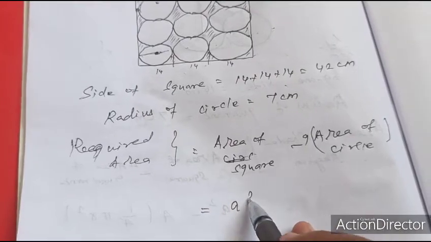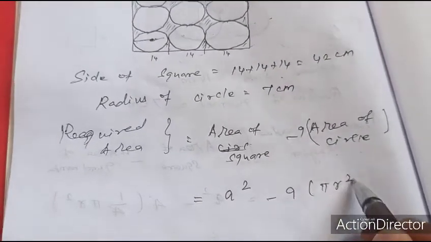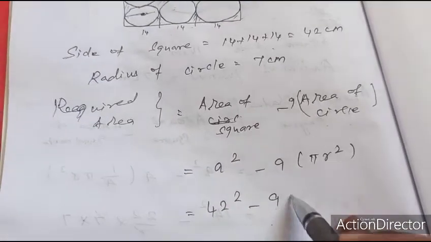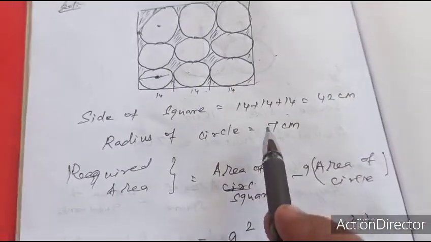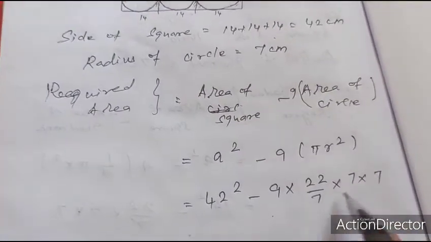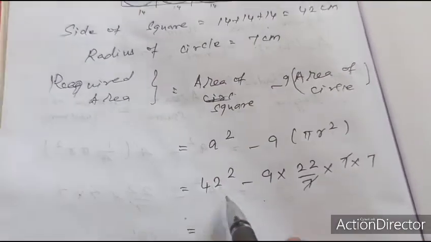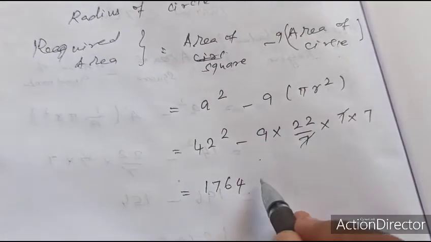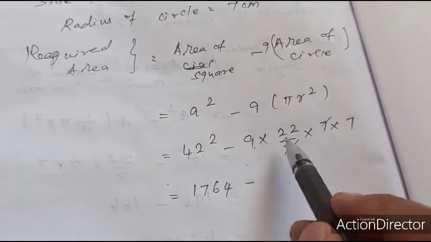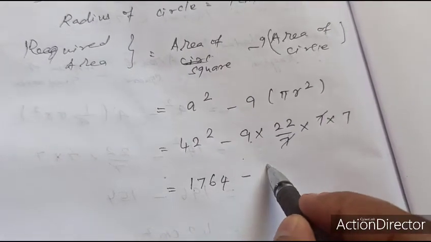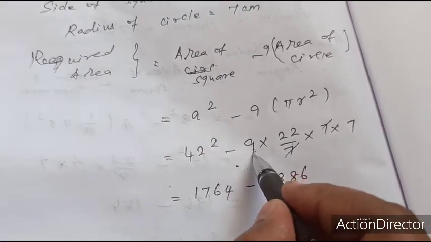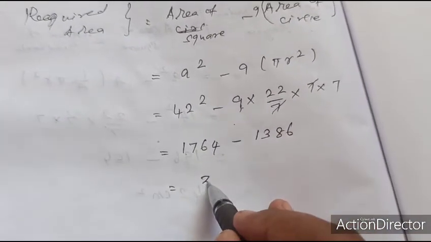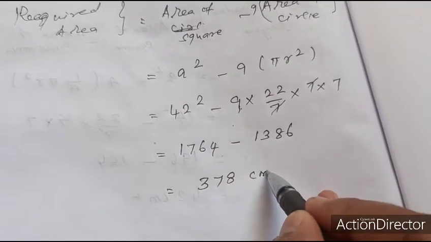Area of the square, a square, minus 9 into pi r square. a is 42, therefore 42 square minus 9 into 22 by 7, radius 7 into 7. 7 is cancelled. 42 into 42 is 1764 minus 9 into 22 into 7, which is 1386. Subtracting, 1764 minus 1386 is 378 centimeter square.